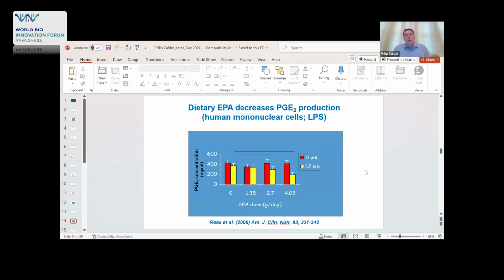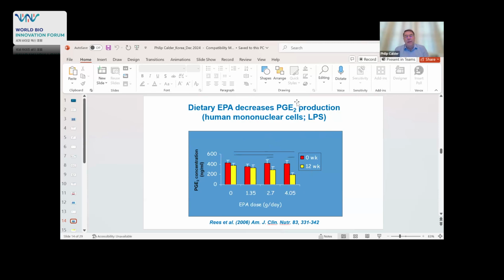The effect of this change in fatty acid composition of the cells is shown here in data from another one of our studies, which was a dose-response study in humans with increasing amounts of eicosapentaenoic acid given every day for 3 months. We took blood cells, white blood cells from the people before the study, that's the 4 red bars, and after the study, that's the 4 yellow bars, and we exposed the white cells in a test tube to bacterial lipopolysaccharide, which induces an inflammatory response.